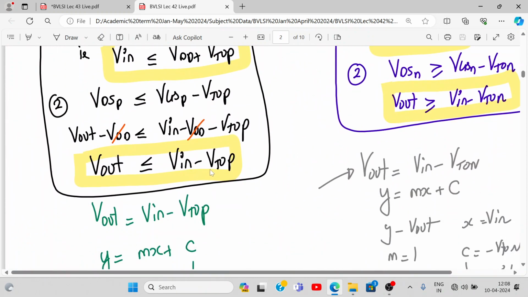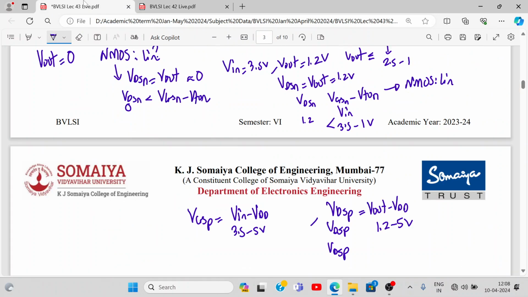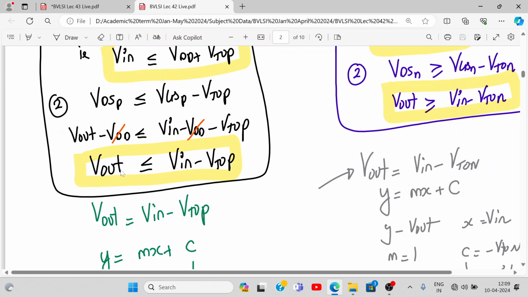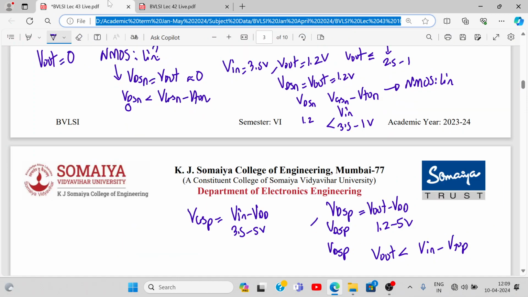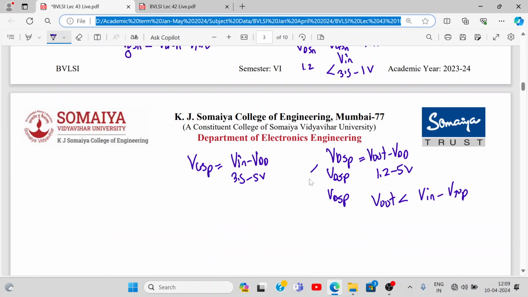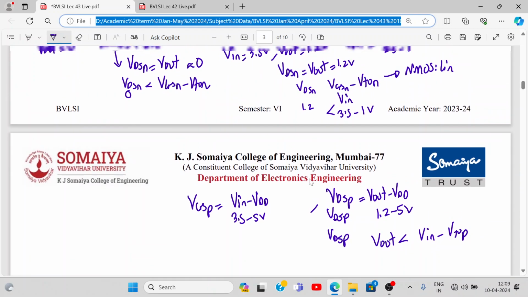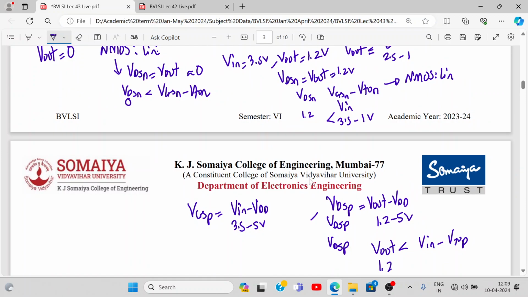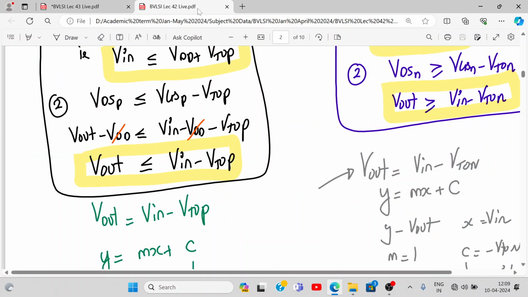V out should be less than or equal to V in minus VTOP, right? हो रहा है क्या यहाँ पे ऐसे? हाँ, बताइए ये देखो. V out is how much? 1.2 na here, and V in is 3.5, and this is 1. So less na. So that means PMOS is in saturation according to this condition.